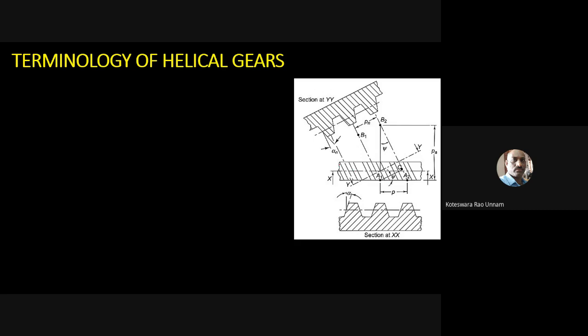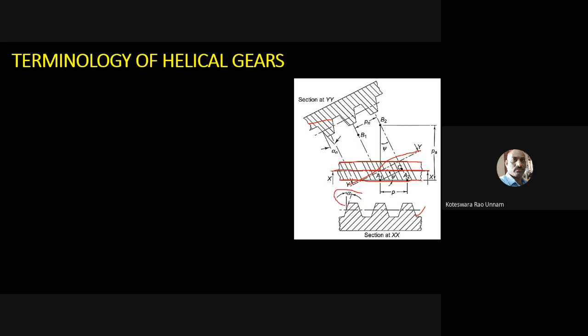This is the top view of a helical gear, and then if I take two sections, section YY and section XX, auxiliary views, and expand that, I get section XX like this and section YY like this.